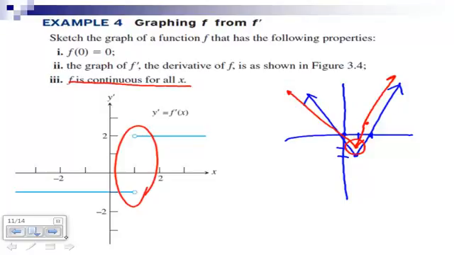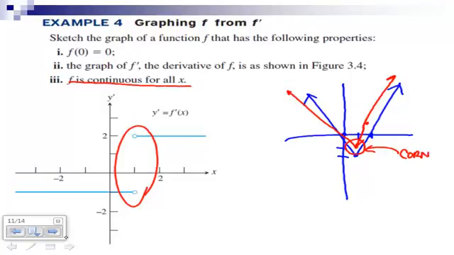And the manifestation of that lack of continuity in the derivative is not a lack of continuity in the function, but rather this thing. I'm going to call it a corner.